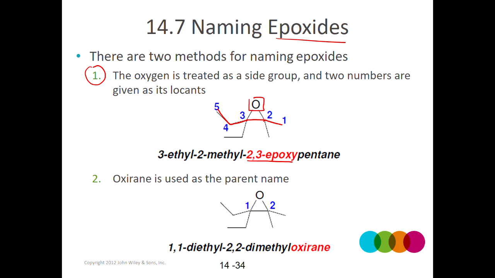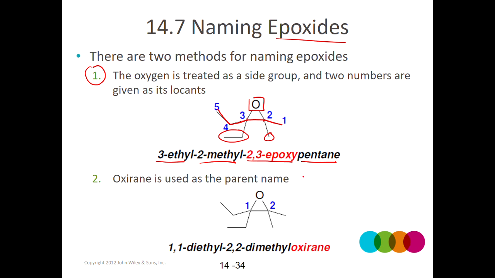So I've got a 5 carbon parent chain, that's pentane. I've got epoxy, bridging carbons 2 and 3. So 2,3-epoxy is communicating that we've got this epoxy or 3-membered ring, bridging carbons 2 and 3 with an oxygen. And then obviously I've got a methyl on 2 and an ethyl on 3.